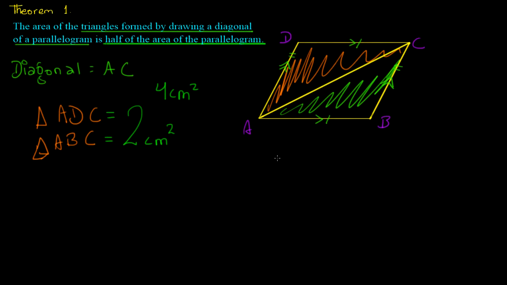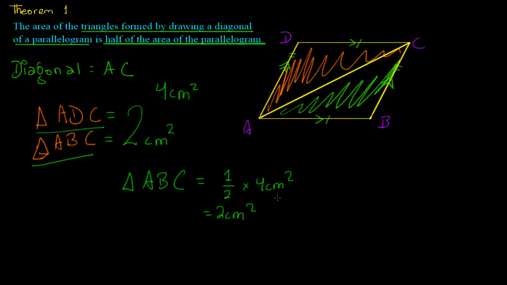In order to prove that the triangles formed by drawing a diagonal of a parallelogram are half of the area of the parallelogram, we need to start by proving that the area of triangle ADC equals the area of triangle ABC, because if the parallelogram's area is 4 centimeters square, then the area of triangle ABC is obviously going to be 2 centimeters square, and so is the area of triangle ADC. So we need to prove this theoretically, not numerically.